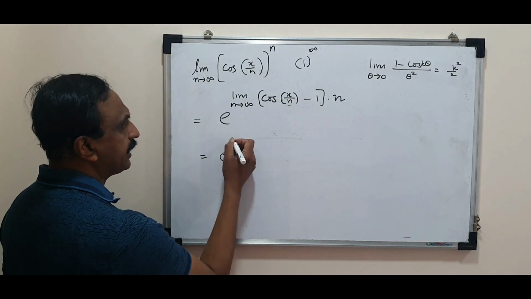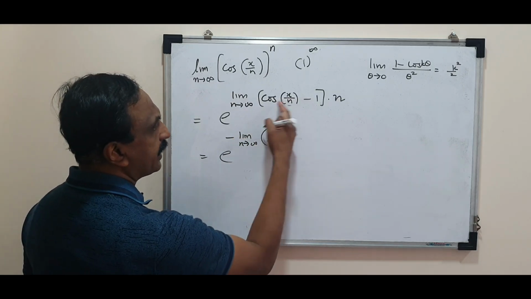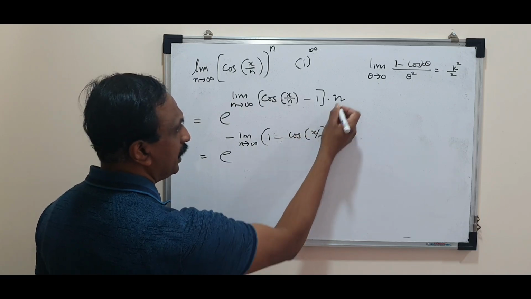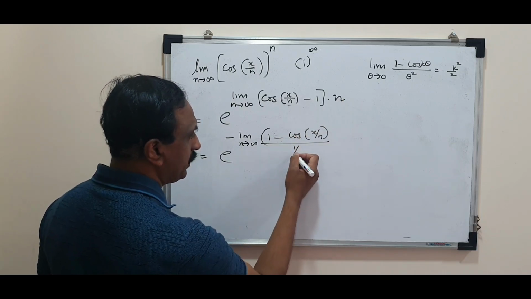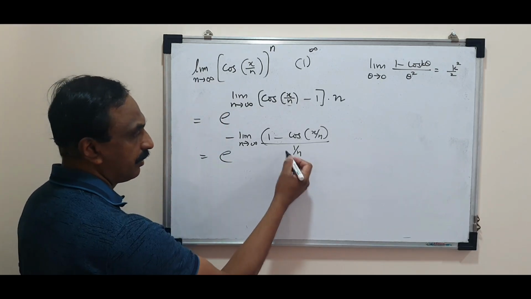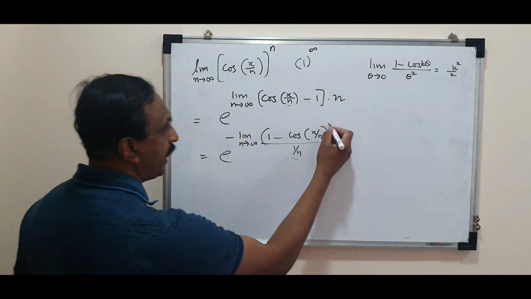I need a minus to be removed outside, limit n tends to infinity. To interchange this position, 1 minus cos x by n, this n will come to denominator, but I need n square. Remember, 1 by n is like theta, but I need theta square.